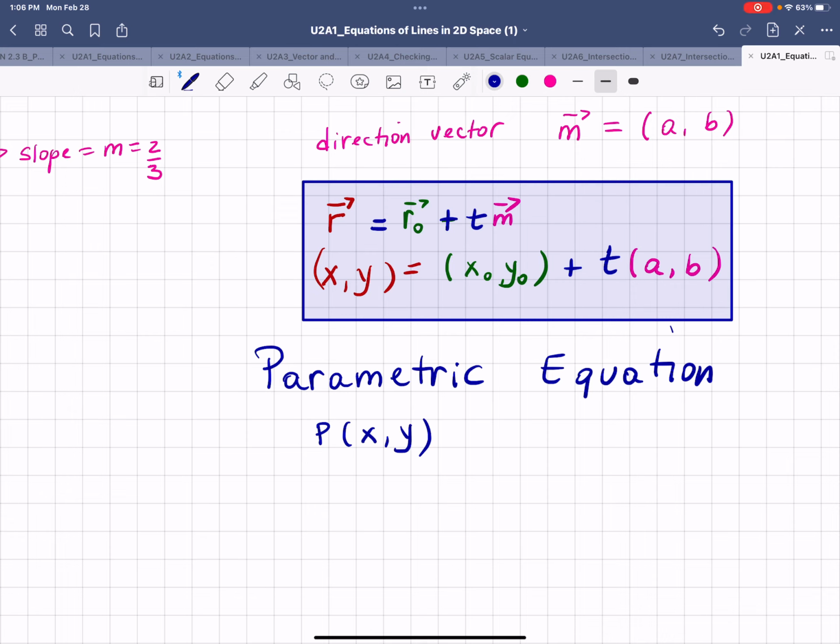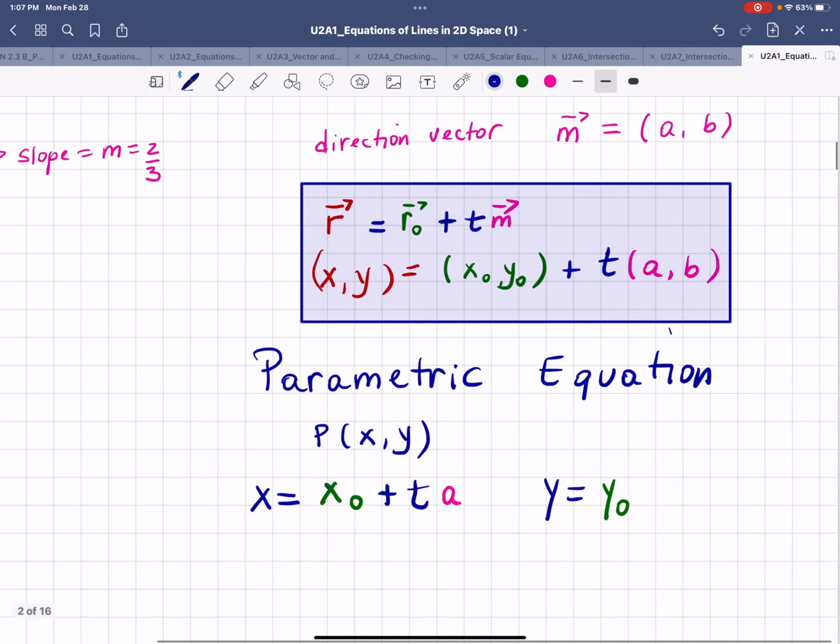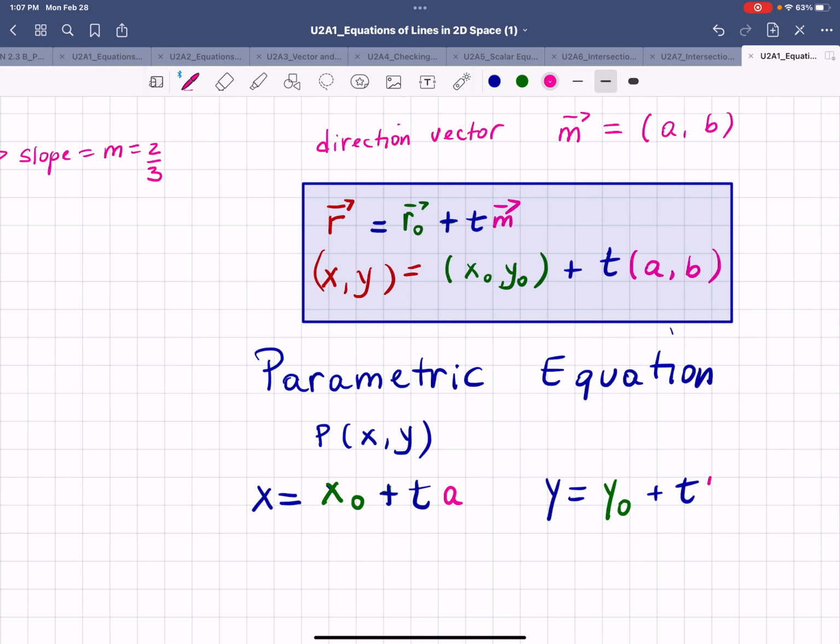So to write the parametric equations means to express the coordinates x and y in terms of x0, y0, a, and b. So we're going to say that x equals x0 plus t times a, and y equals y0 plus t times b.